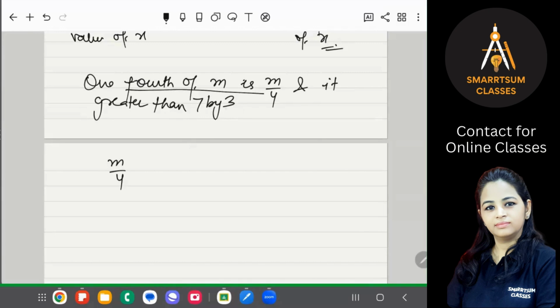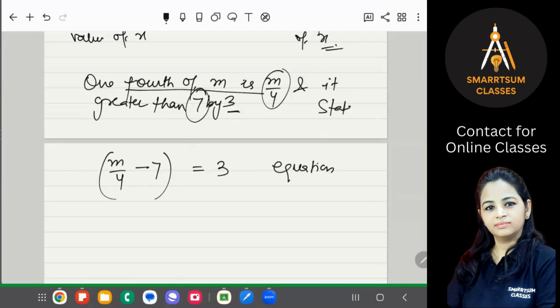That means if you subtract 7 from m by 4, you will get 3. In this way, you have converted this statement into an equation.